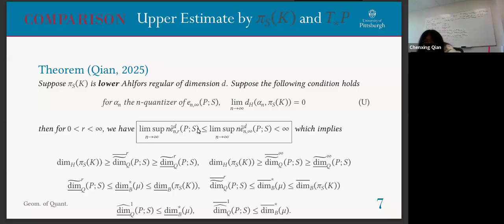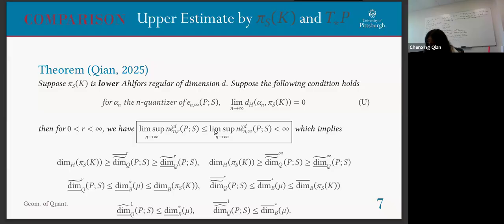is the central ingredient in the upper asymptotics, because basically we are pulling back the constrained quantization error to the case of unconstrained quantization on a compact set.